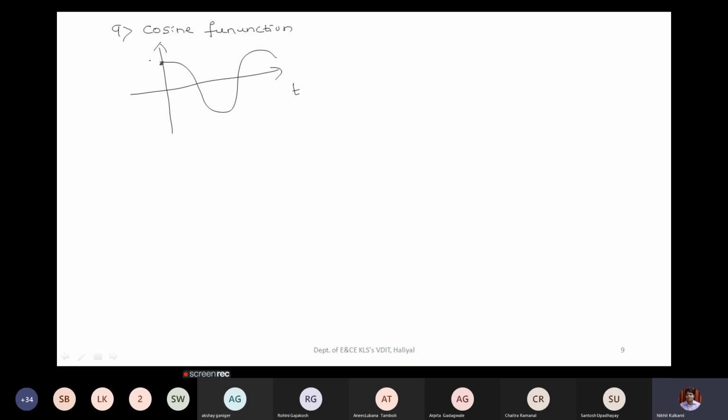If I assume the amplitude is 1, then f of t is cos of omega t. This is usually written as 1 by 2 times e to the power j omega t plus e to the power minus j omega t, right?